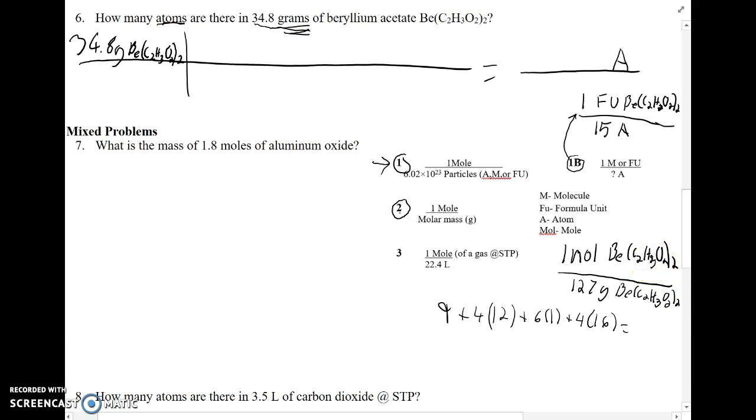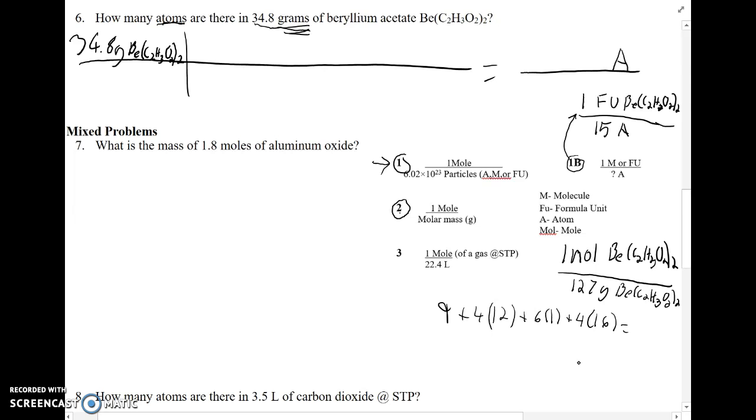Again, these values come from the periodic table. The atomic mass of beryllium is 9, the atomic mass of carbon is 12, and so forth. For simplicity's sake, we just round those values for this class.